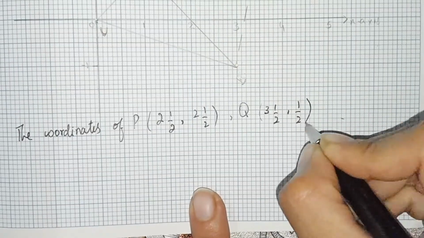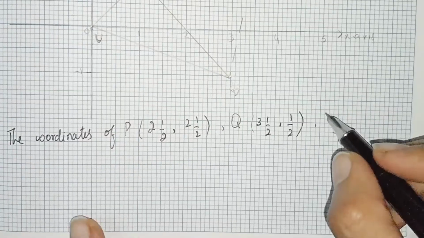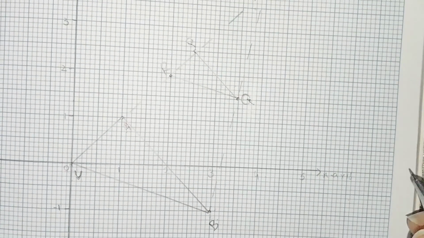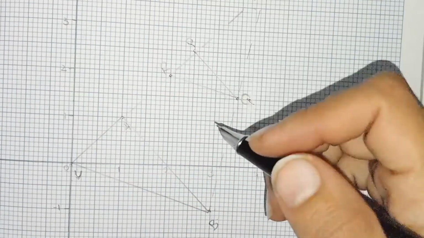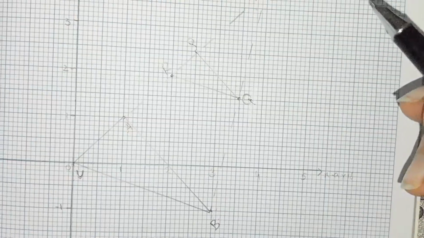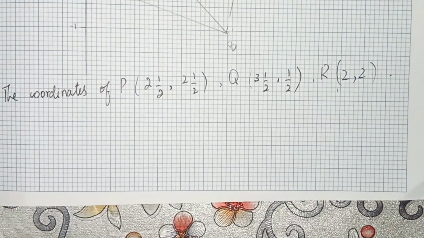Three and a half, and one and a half. And R is 2 along the x-axis, and along the y-axis it is also 2. This is (2, 2). And now students, question number 5 is solved.